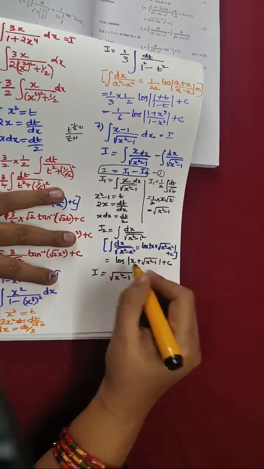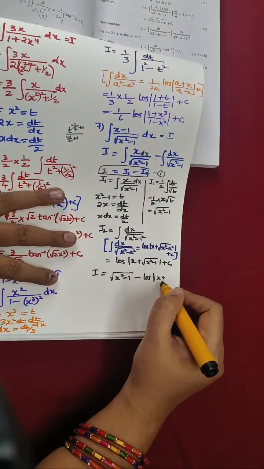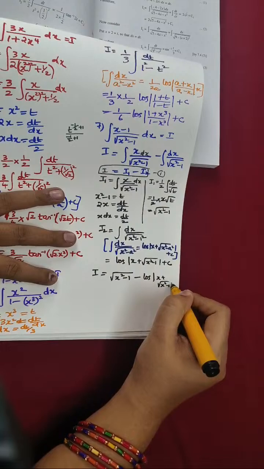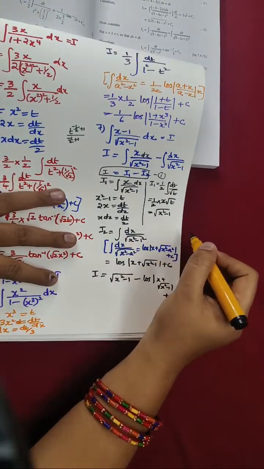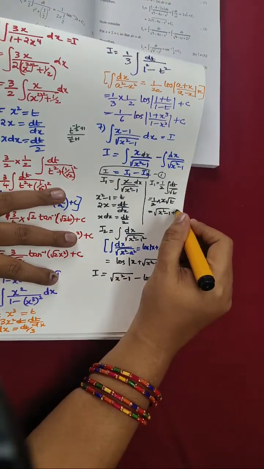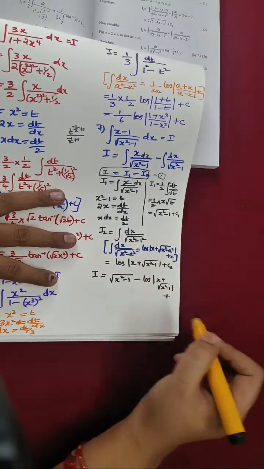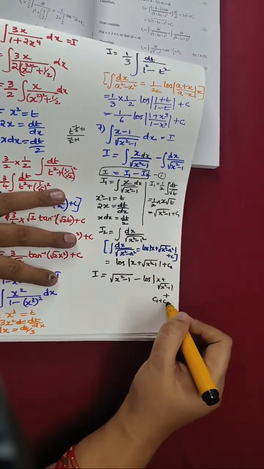Log of x plus root of x square minus 1. So here, you can write it as C1 plus C2.